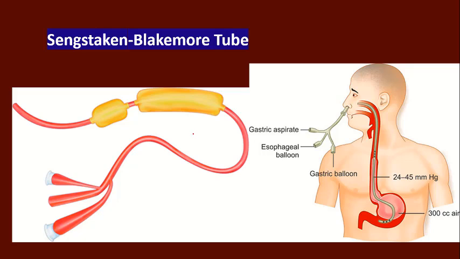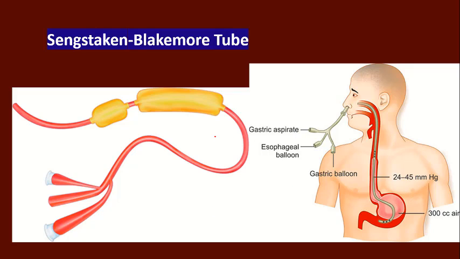Most of the time, bleeding comes under control with balloon tamponade. And this should be deflated for a short period in 12 to 24 hours to prevent necrosis of the esophageal mucosa.